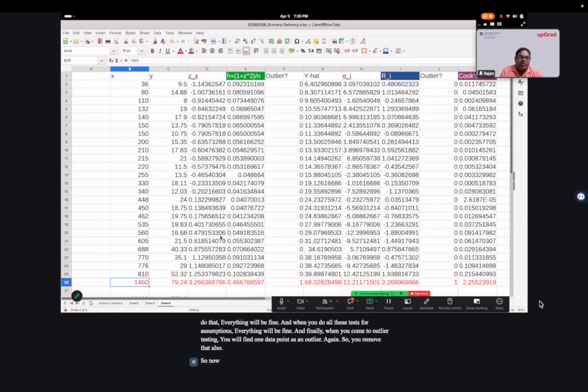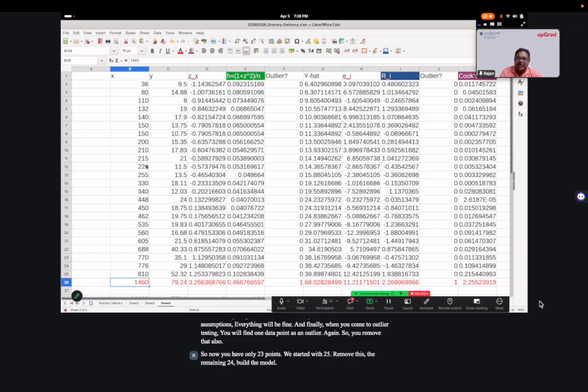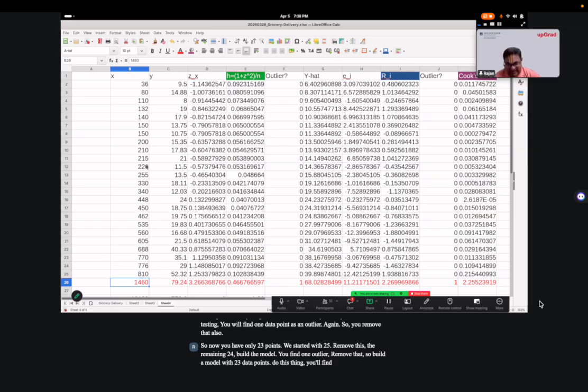So now you have only 23 points. We started with 25. Remove this, with the remaining 24 build the model, you find one outlier, remove that. Build a model with 23 data points, and you'll find one more outlier.